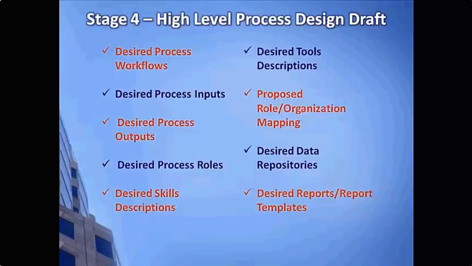But it is in this stage where you're going to take the output of stage 3, where you took a look at what your capabilities were currently in detail, compared that to the gaps that are there, and then started to make decisions around what types of things will be fixed, modified, or improved to meet your targets.